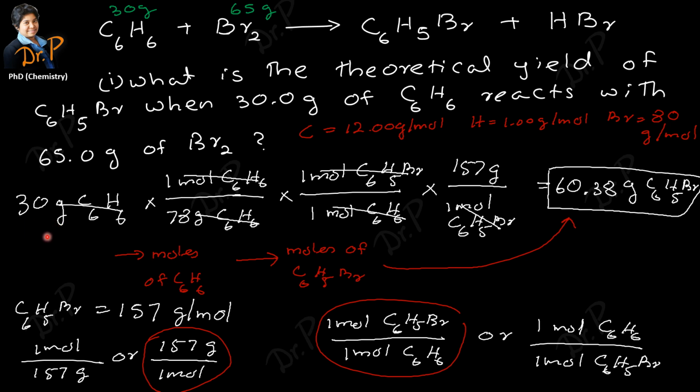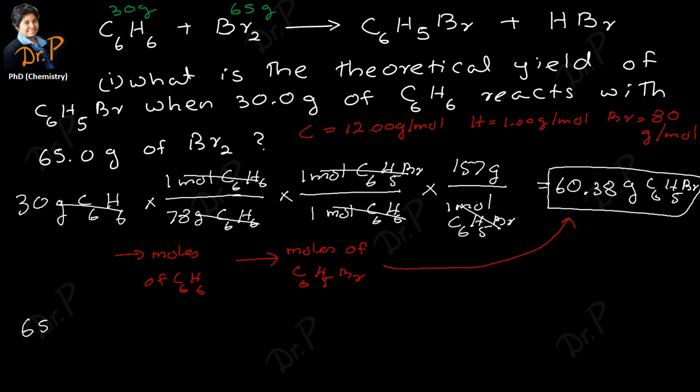Next, you have to calculate how many grams of bromobenzene you will get if you are using 65 grams of bromine. So in the mole map, you follow pretty much the same path, only that you're using 65 grams of bromine here. Convert that to moles of bromine, then relate it to moles of bromobenzene, and then convert it to the grams of bromobenzene.